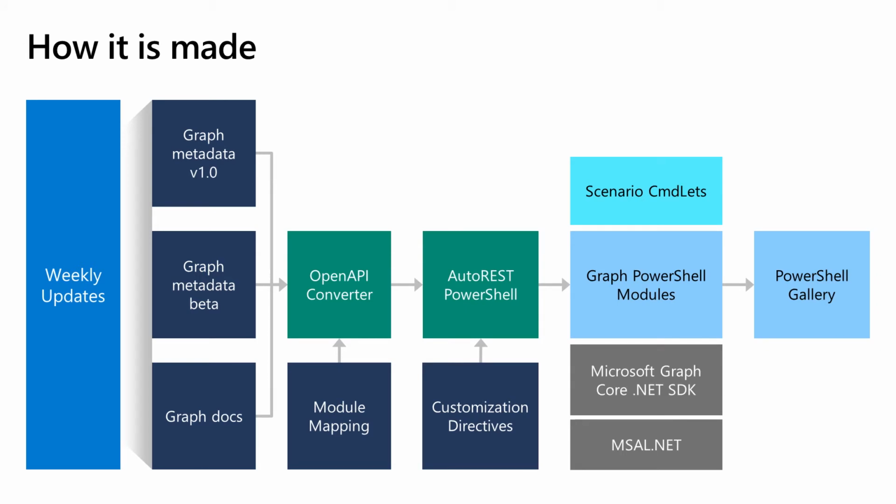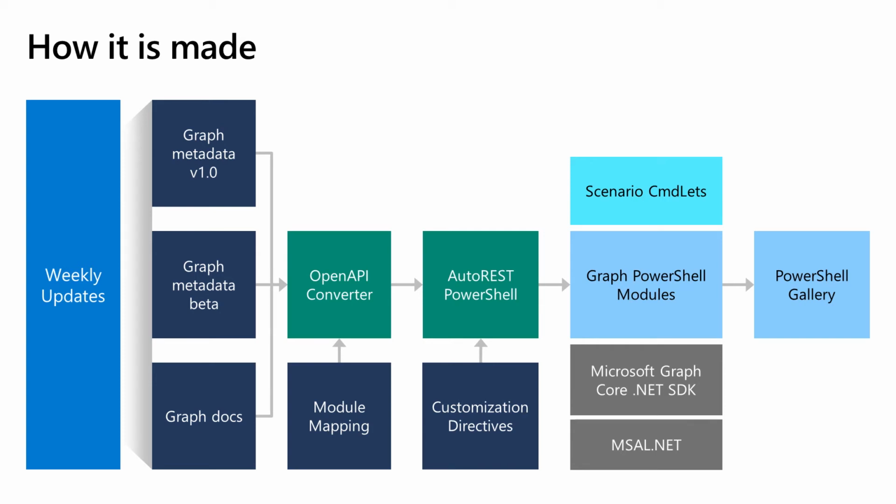Teams can specifically add their own cmdlets that have these richer scenarios, and they will be incorporated into the Microsoft Graph PowerShell modules, which then get deployed onto the PowerShell Gallery. It is just a consistent, holistic experience for the consumer of the Microsoft Graph PowerShell library.